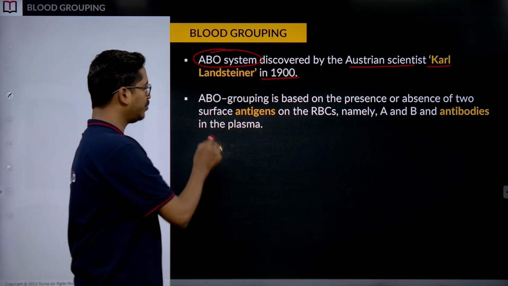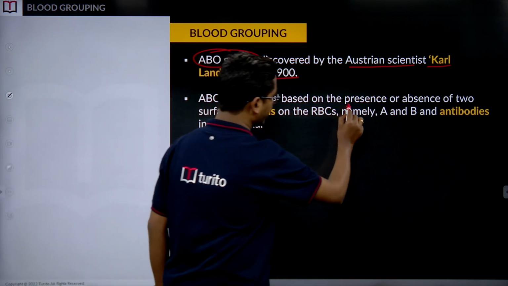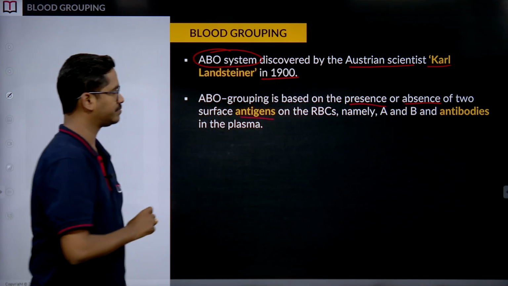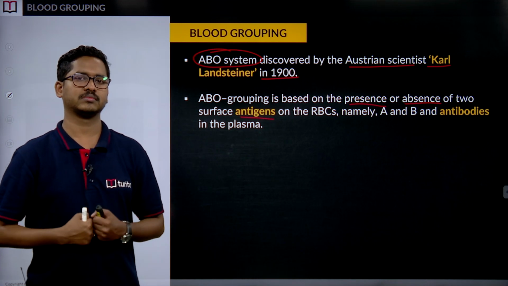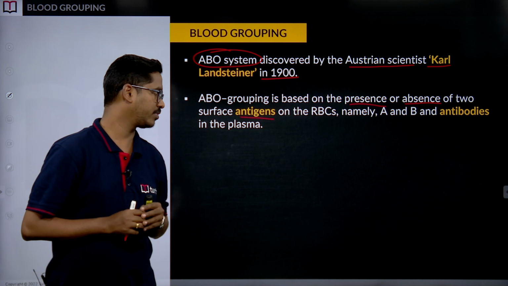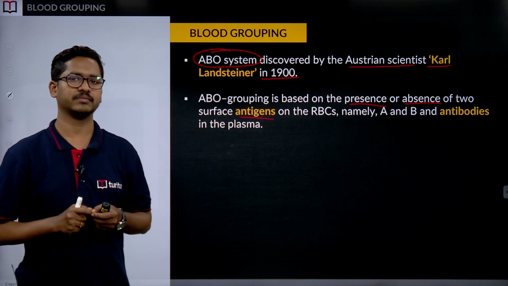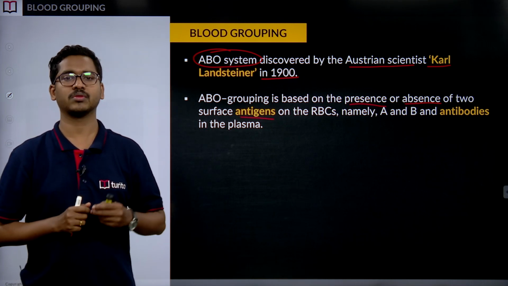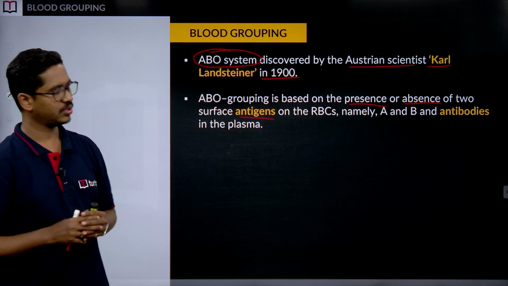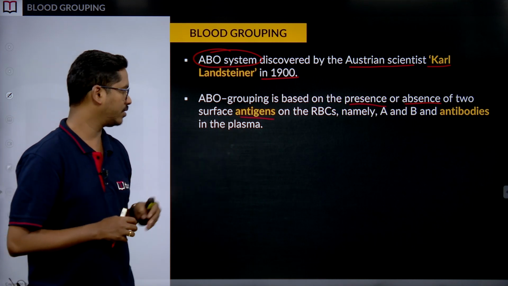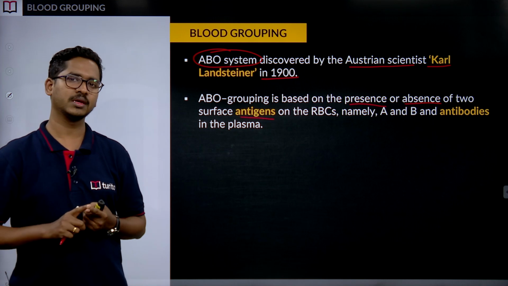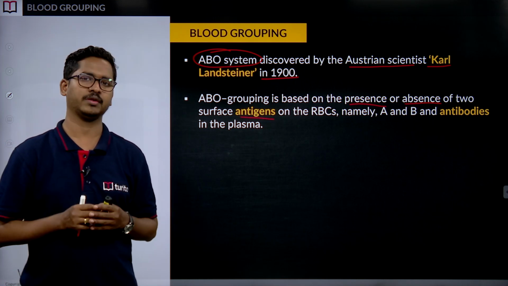ABO blood grouping is based on the presence or absence of two antigens. You might wonder, when I say the presence of antigens, that in some of the previous discussions or in previous grades, that is class 9th, you might have heard that antibodies are present in the blood and they fight against diseases.